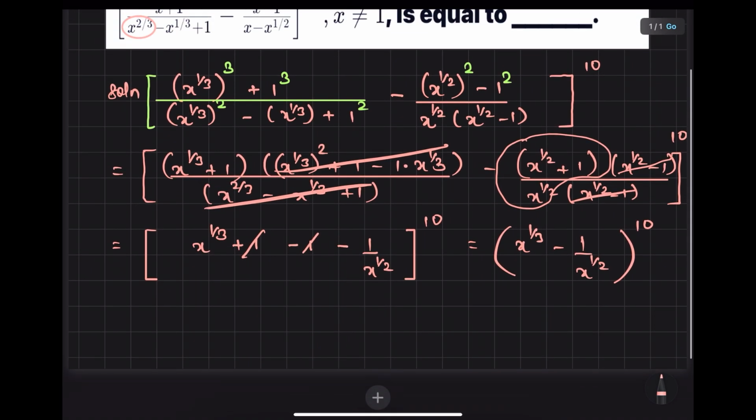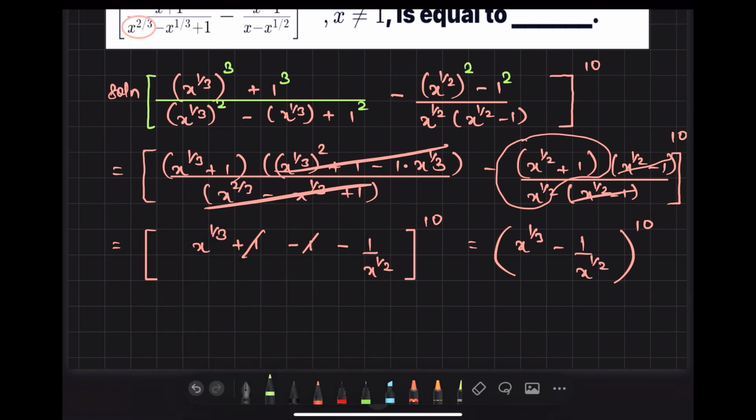Okay, now look at this, we have to find out the coefficient of x power 0. Now you know that in both entities x is involved, so it is not easy to calculate that thing. So what I'll assume is that the term in which the lower subscript of c is r will become x power 0. Okay, so look at this part. So x power 1 by 3 into (minus of 1 by x power 1 by 2) power r, and then it will become 10 minus r.